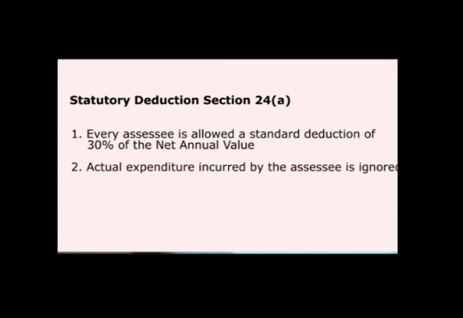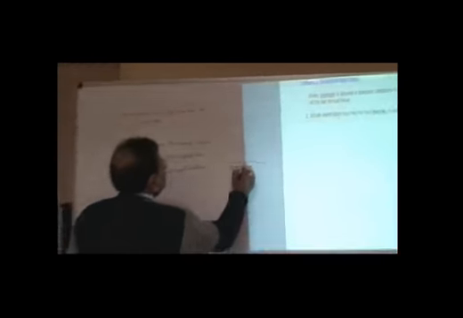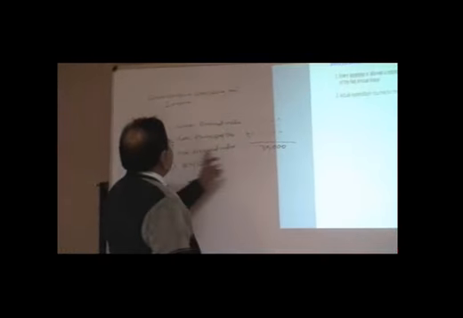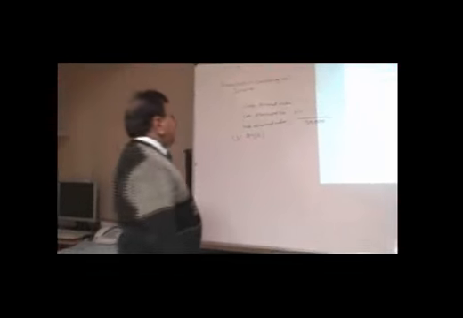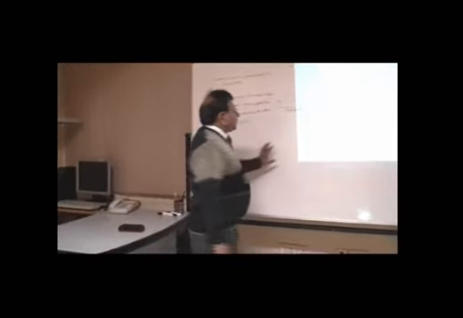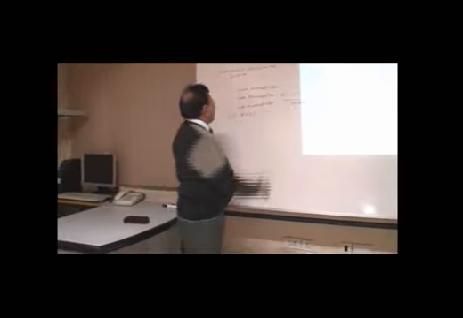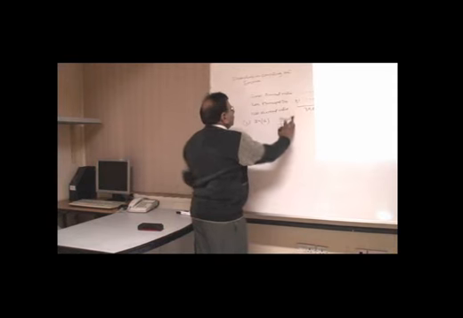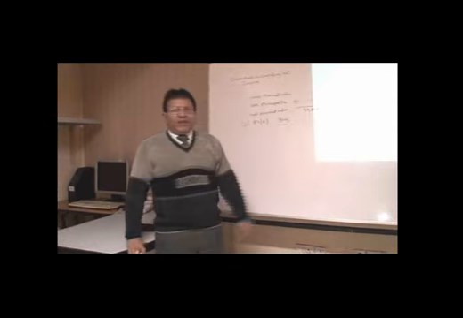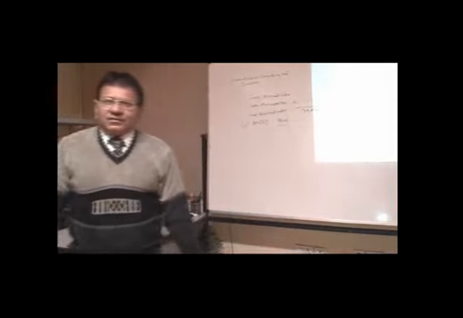For example, say the net annual value of a particular property is 30,000 rupees. Then the assessee shall be allowed a standard deduction of 30% of this value, means rupees 9,000. This is allowed irrespective of whether you have incurred expenditure or not.